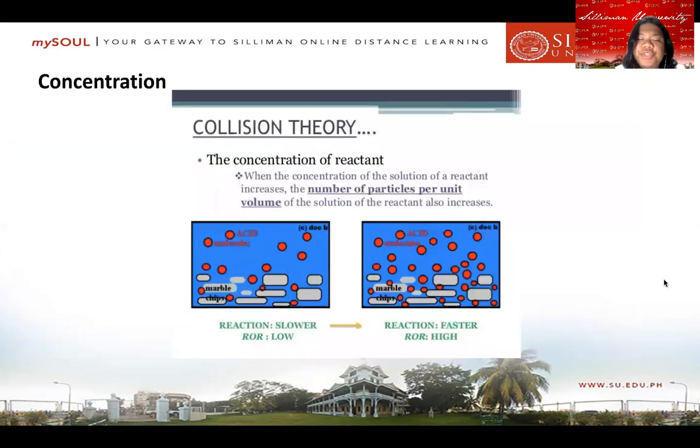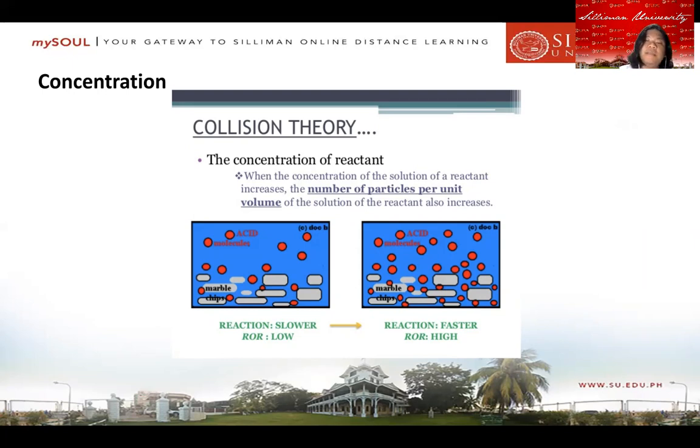Aside from temperature, there is another factor that you need to consider, and that is the concentration of your reactants. Basically, the core concept here is that the higher the concentration you have, the faster the rate of reaction you will also have among your substances or reactants.